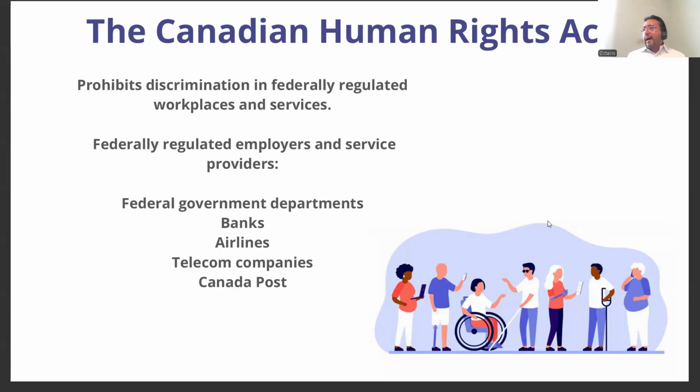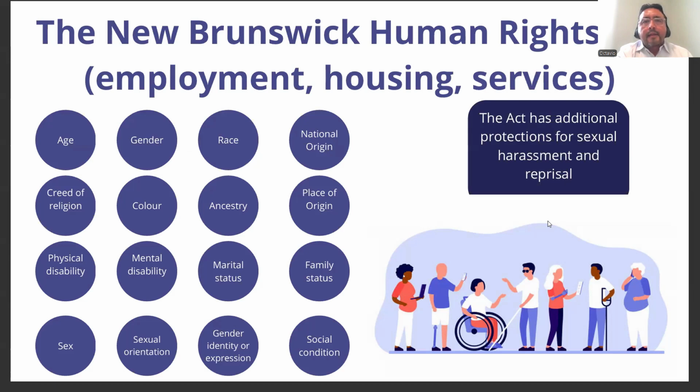Now, in the next slide, we go to the case of our province. Here, and if we can, please go to the next slide. We are going to talk about the 16 protected grounds in the New Brunswick Human Rights Act. That means that these are our rights, no matter our legal status in Canada.